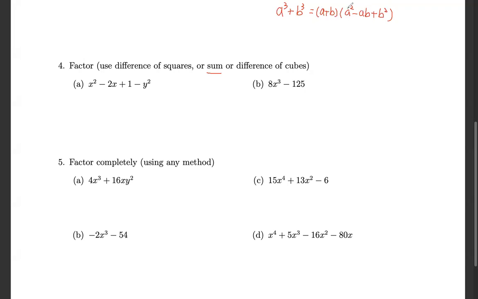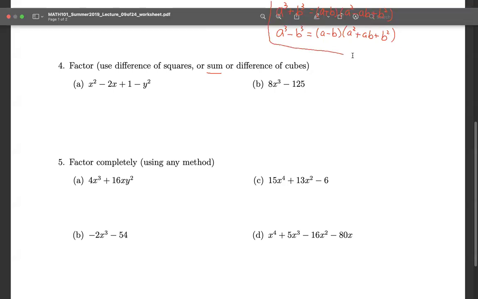If you multiply, you see some terms get canceled, and in the end you get a cubed plus b cubed. If it's a difference of two cubes, a cubed minus b cubed, that's (a minus b) times (a squared plus ab plus b squared).